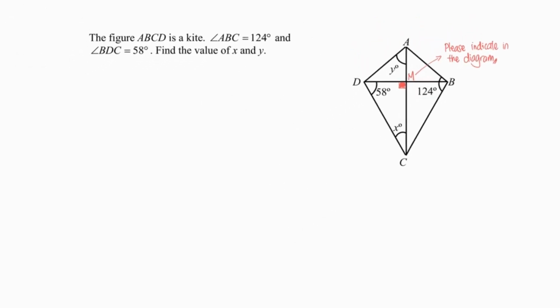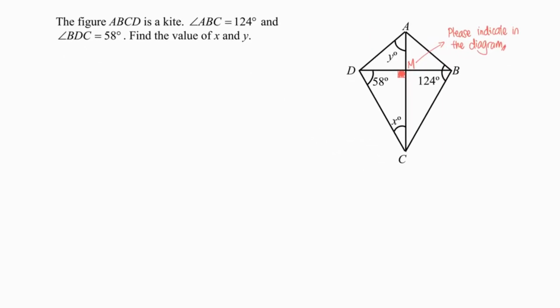Once I have this, I must first say angle CMD is 90 degrees. This is because diagonals of a kite are perpendicular to each other.